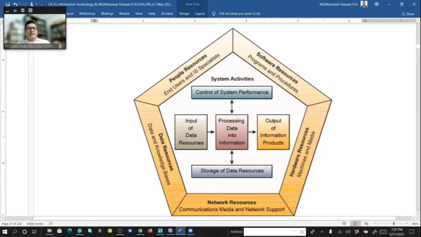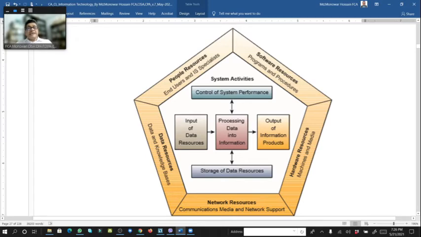Data resources are data and knowledge bases. Inside all these resources, data resources are input and processed into information, which goes to output as information products. After processing, we can also store the data resource and control the system performance, and all of these are system activities.